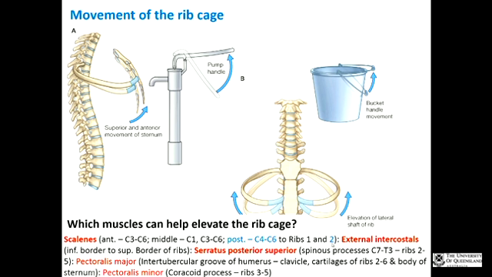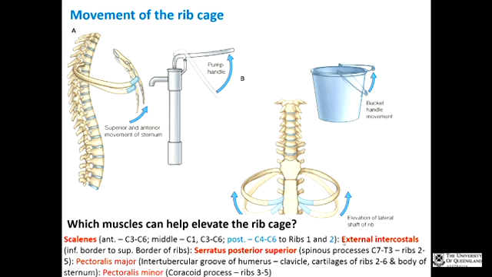But basically, as we said in the lecture, the scalenes run from the cervical region attached to the upper two ribs. Shortening of those, if you keep your neck in a fixed position, will elevate the upper two ribs, and the other ribs will follow in unison.